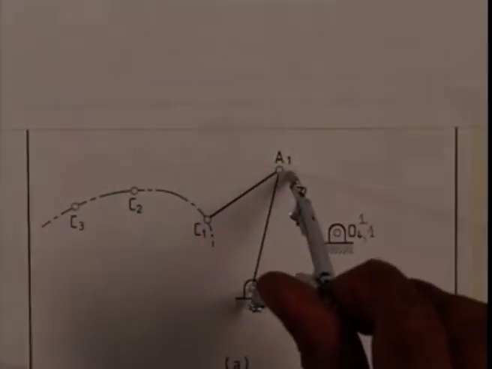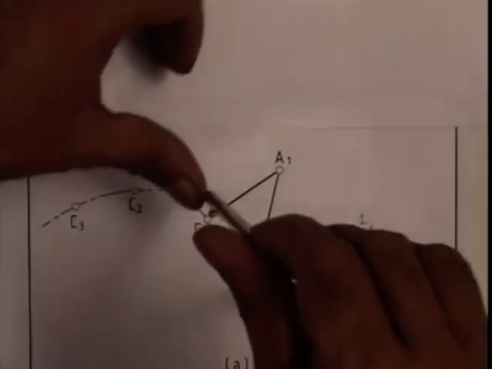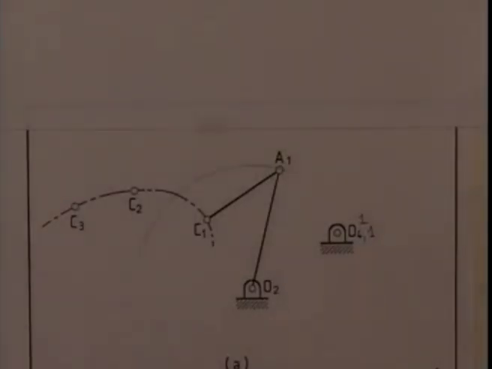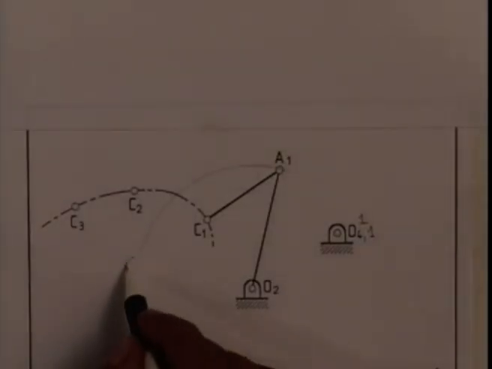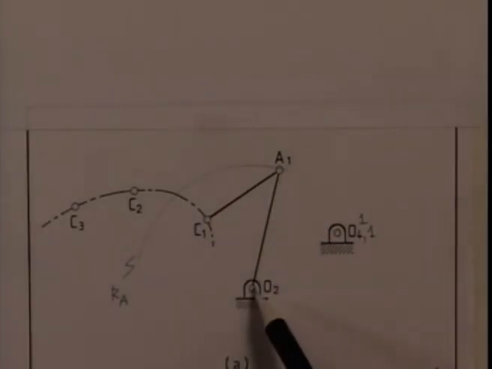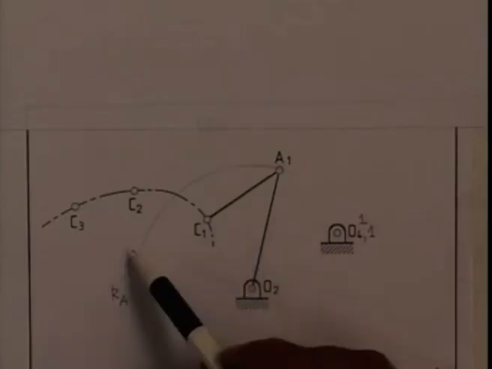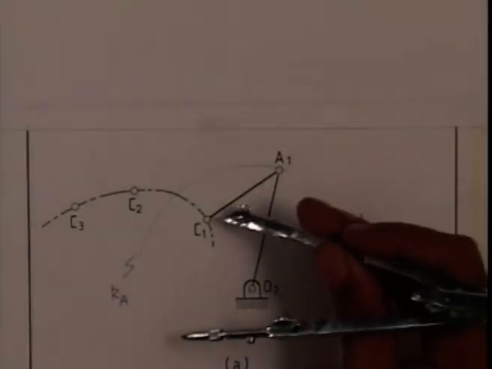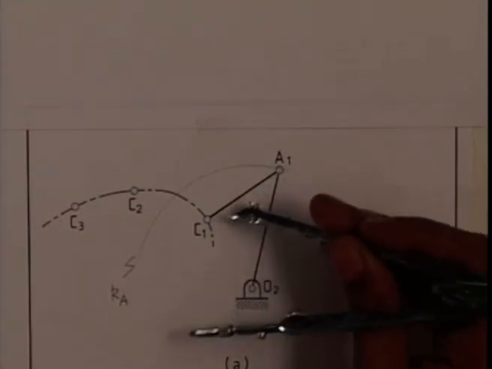As we see, because O2A distance is constant, A must lie on this circle. This is what we call the path of A, say KA. A lies on this circle with O2 as center and O2A1 as radius. Since the distance A1C1 is also fixed, this is one of the coupler lengths.